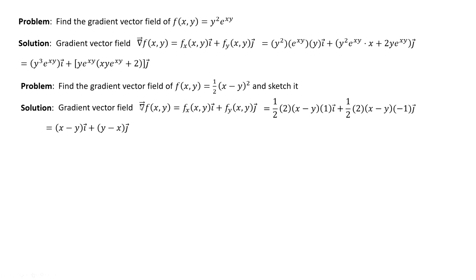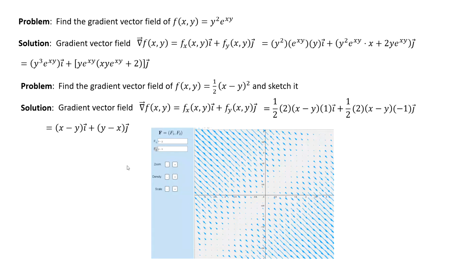So I just went to GeoGebra, used that program, typed in x minus y for the x component, and typed in y minus x for the y component, and it gave me this, took a snippet of that thing, and I posted it here. That's all there is to it. Cool. Guess what? We're done with this section.